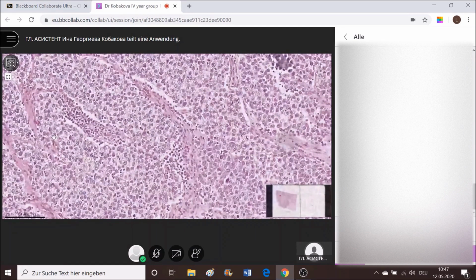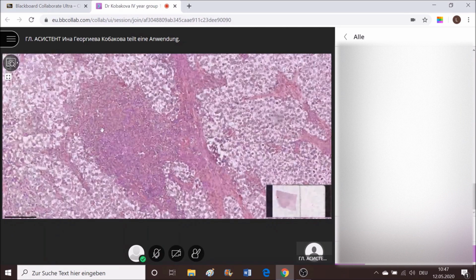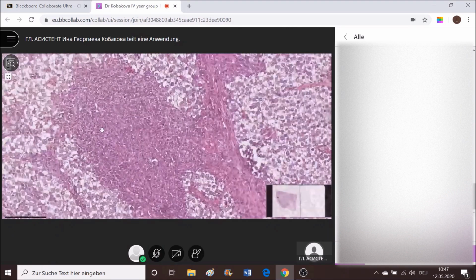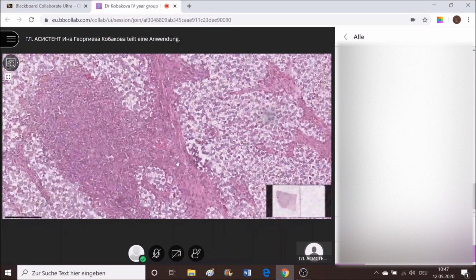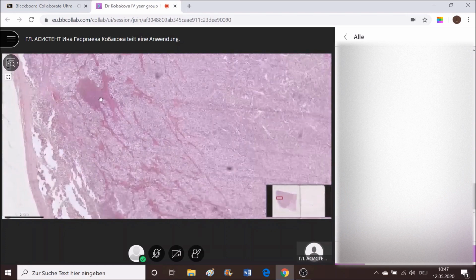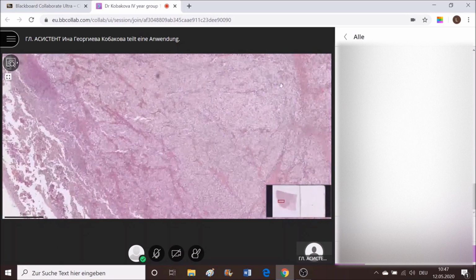Sometimes they can even make follicles with germ centers. Let's take a look at these here. Sometimes they could be spread throughout the tumor and forming different places on it.